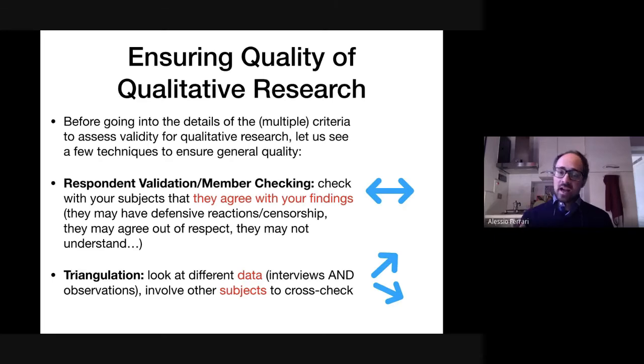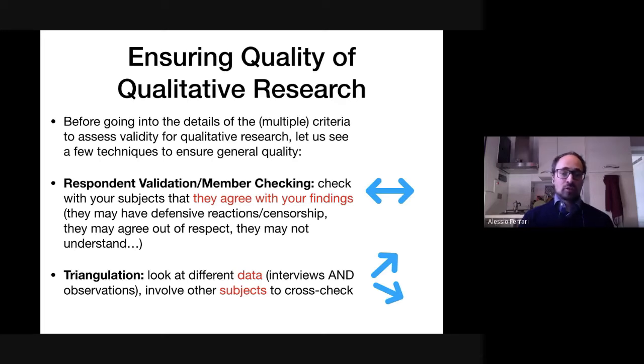So every time you want to express some opinion, check that the person involved in your observation agrees with your interpretation of the data, with the findings that you derive, and with your theory. In some cases, you may have some defensive reactions and some censorship, or they may agree even out of respect for you, or they may not understand. So it is, of course, tricky like any human activity.